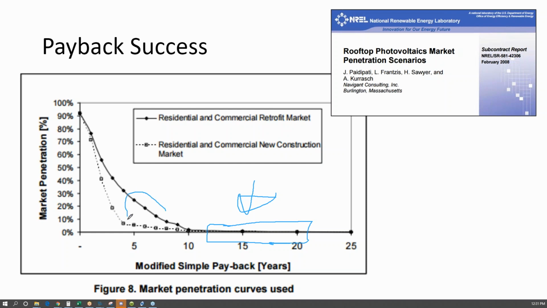So what I like about the commercial solar peaker range is you can find paybacks in the 5 to 8 year range and get a much higher penetration into your market. I mean, solar right now is growing, but it's only about 3% of the electric grid.